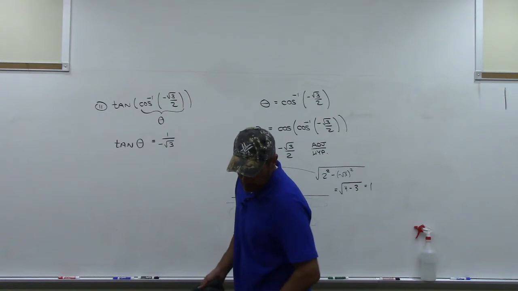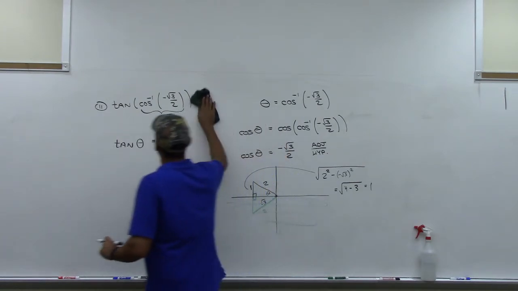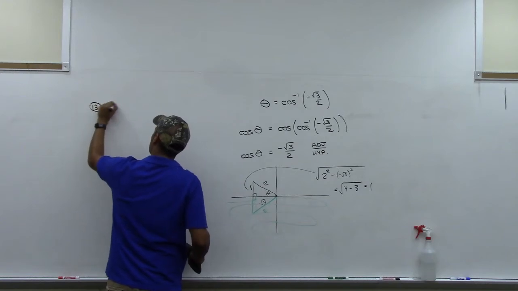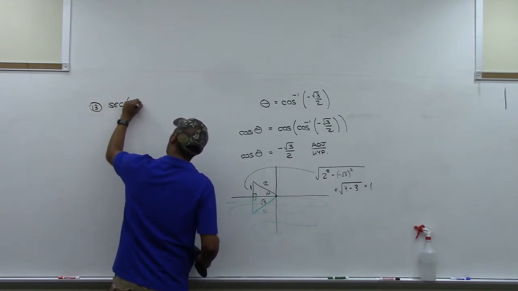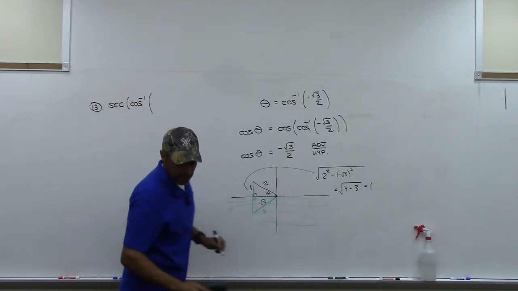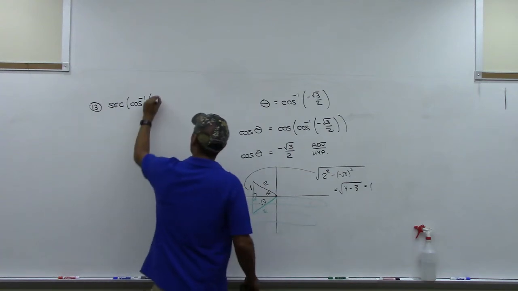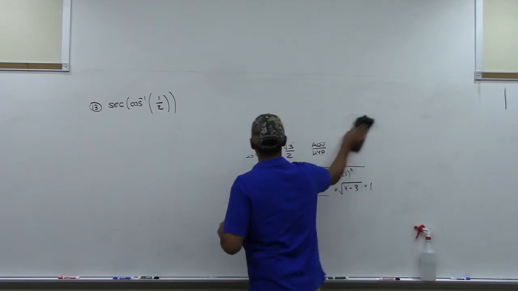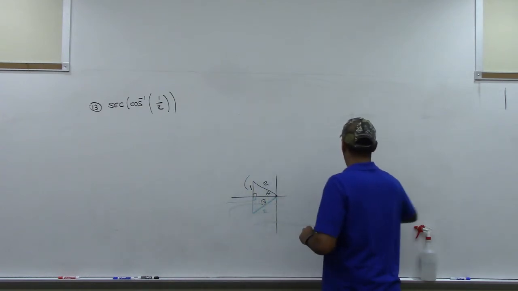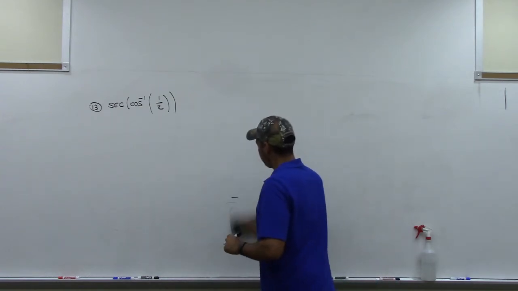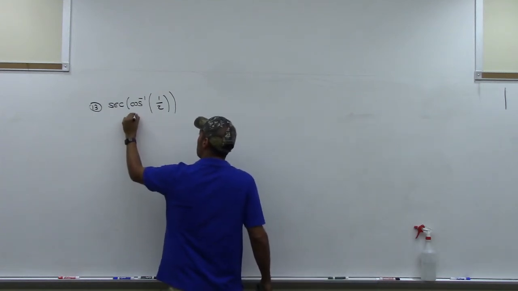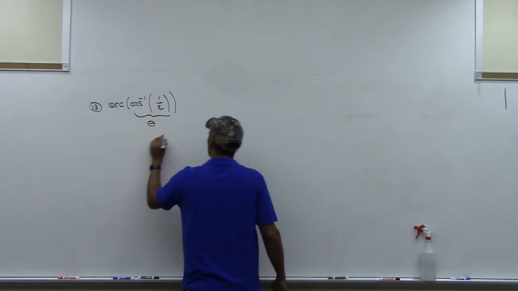Secant of arc cosine of 1/2. Okay, so now at this point we're going to do the same thing. We're going to call this theta in here because that's an angle.